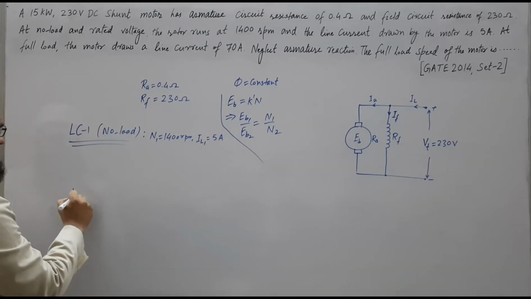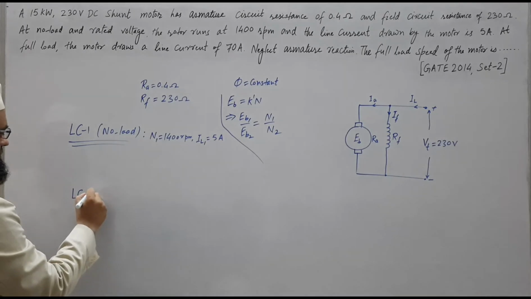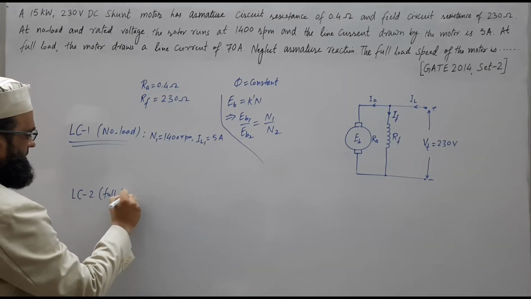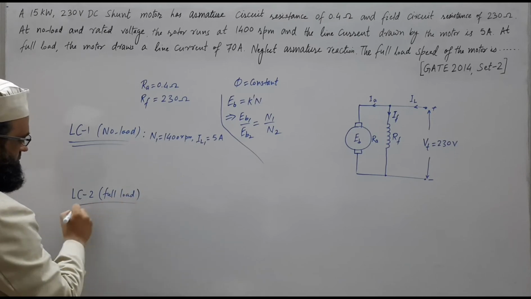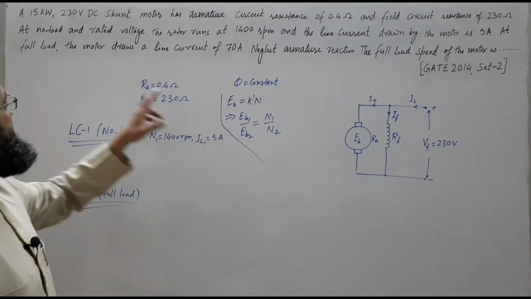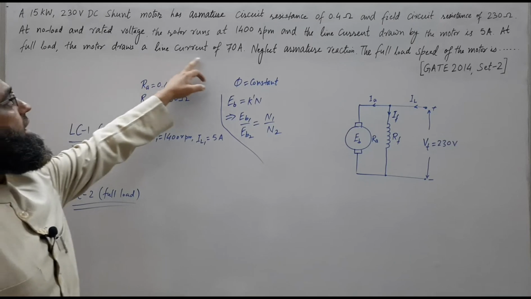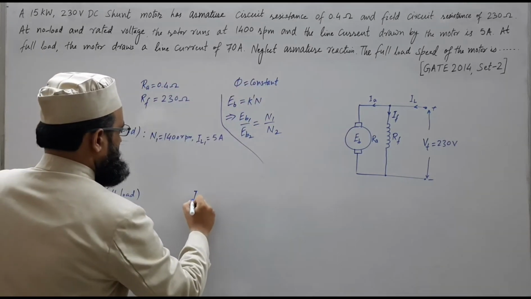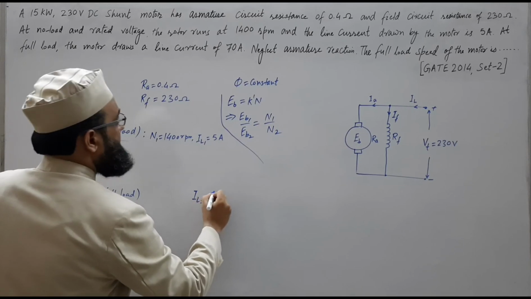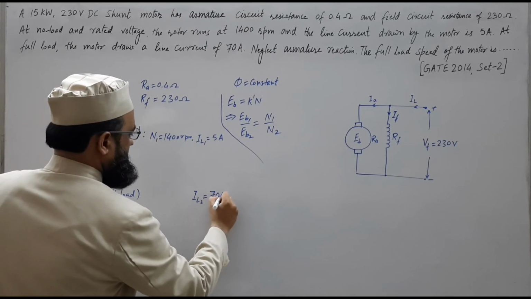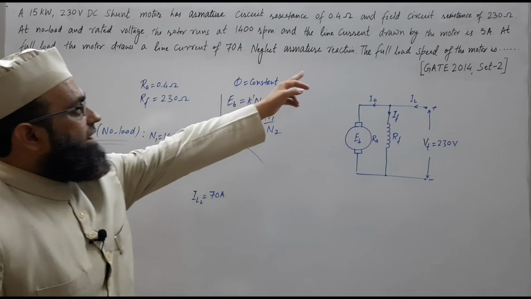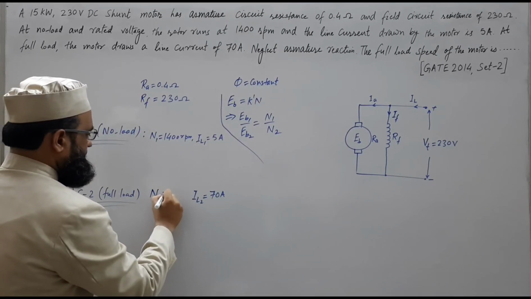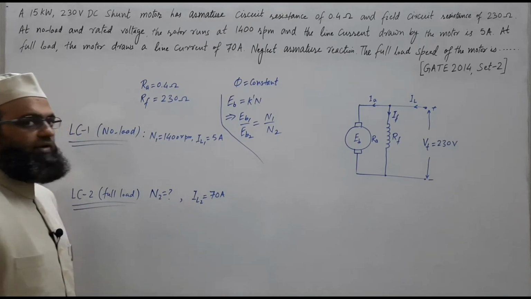Similarly, at loading condition 2, that is full load, the motor draws a line current of 70 ampere, so IL2 is given as 70 ampere, and the full load speed of the motor, that is N2, has been asked.